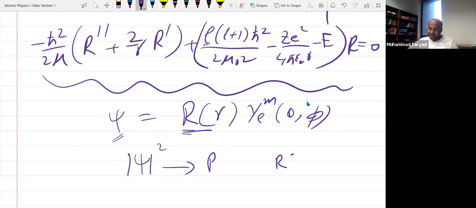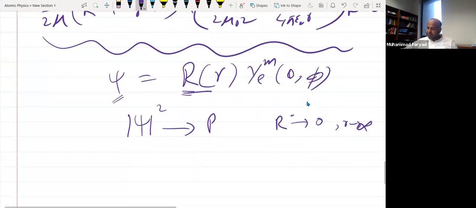And the second thing is, since we know that the total probability has to be 1, so that the particle can be found somewhere with 100% probability, it means that this R should go to 0 as r goes to infinity.